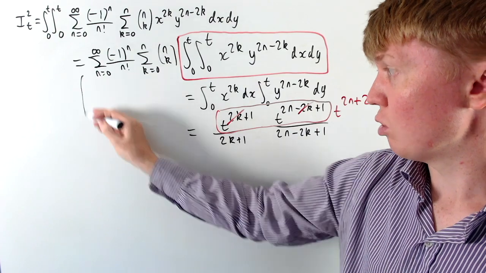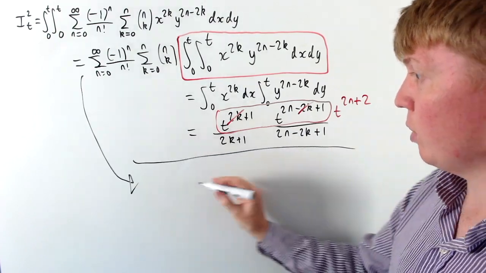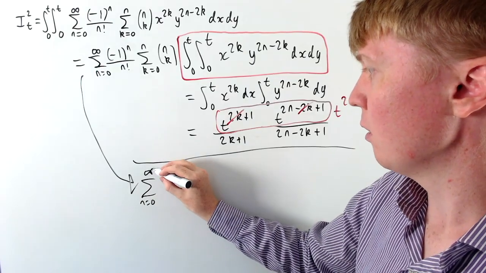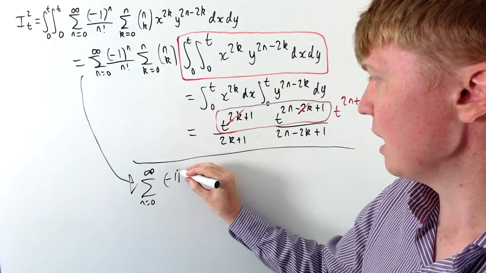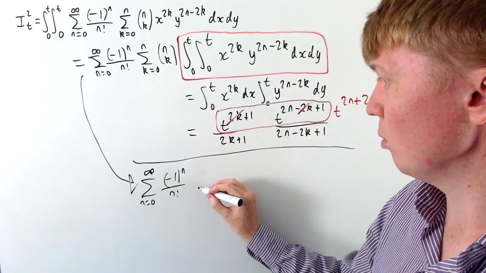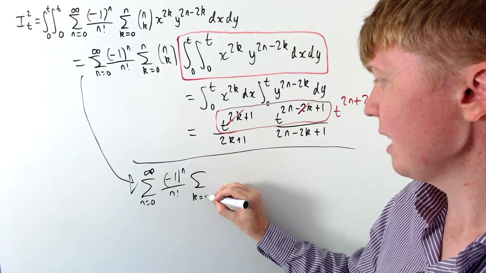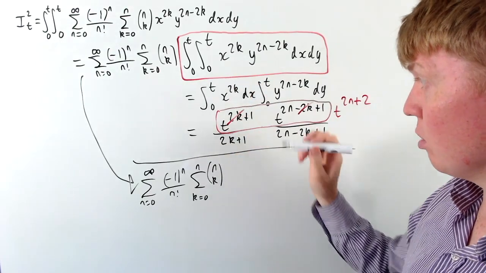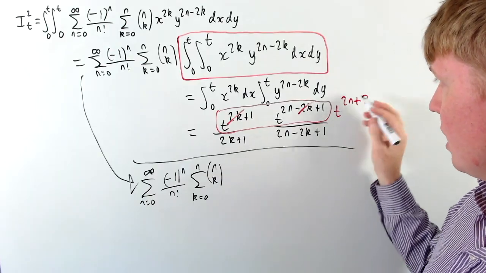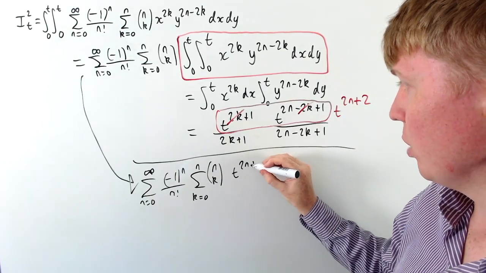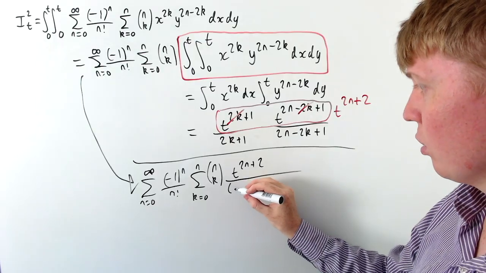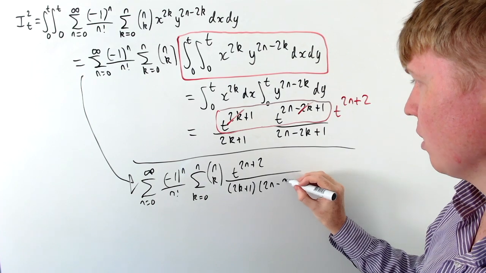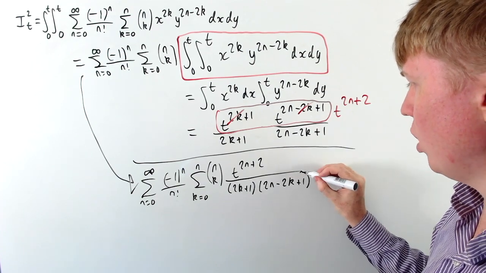This allows us to rewrite our entire expression as the sum from n equals 0 up to infinity of negative 1 to the n over n factorial still, and we've still got our sum from k equals 0 to n of n choose k, but now we've replaced this double integral by t to the 2n plus 2 divided by the product 2k plus 1 times 2n minus 2k plus 1.